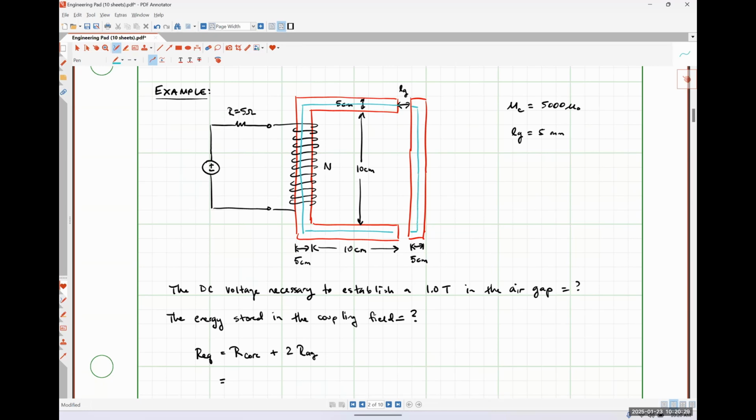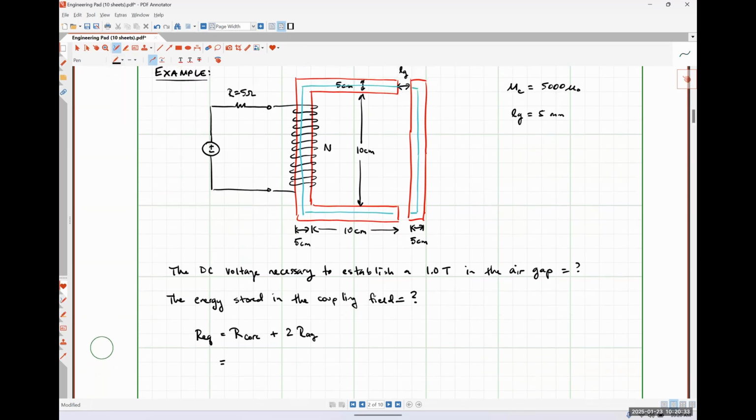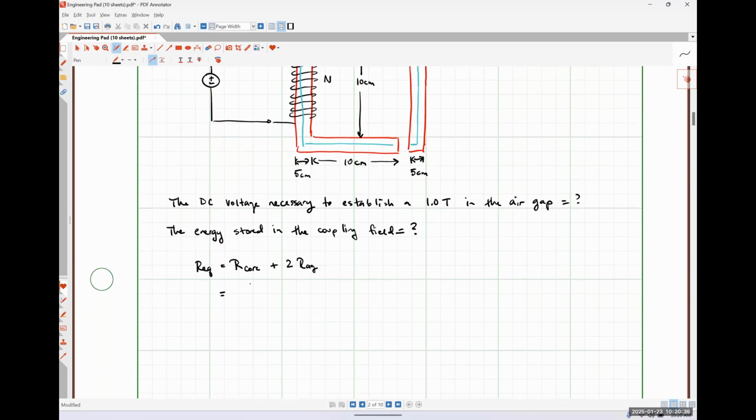So overall, 15 times 4 is 60 centimeters. Plus 2 Rg. Yes, the reluctance of the air gap. So to me, it looks like I'm going to have 60 centimeters, that's my length of my core, over 5,000 times 4 pi times 10 to the minus 9 henries per centimeter.